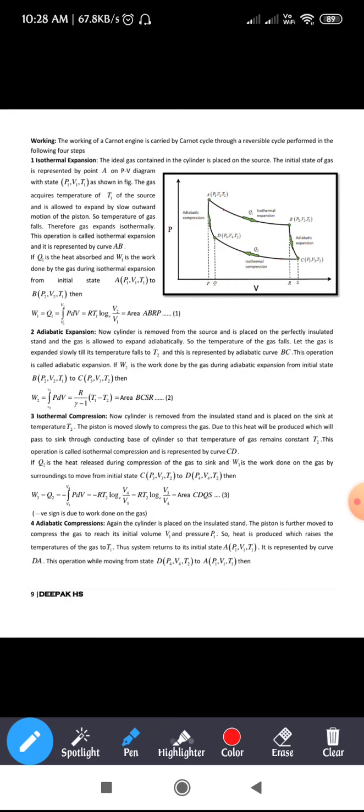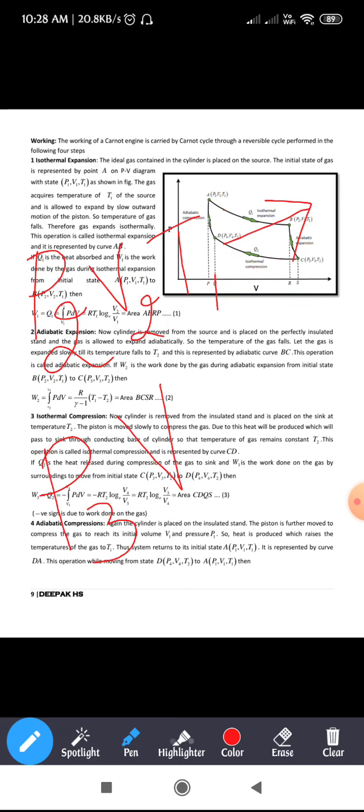Before allowing the gas to expand, the values of pressure, volume, and temperature were P2 V2 T1. Now, placing the cylinder on the insulated stand, we allow the gas to expand. The pressure changes from P2 to P3, the volume changes from V2 to V3, and the temperature falls from T1 to T2.